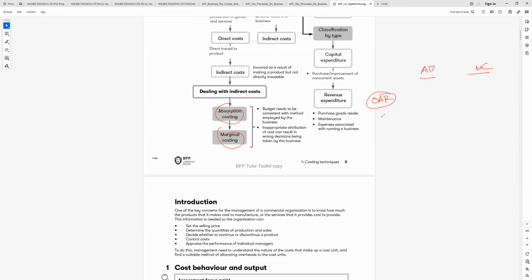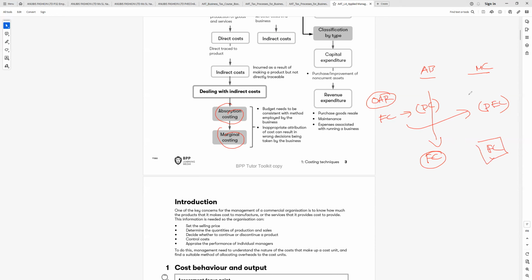Here, we take the fixed cost as a part of the product. So fixed cost will be treated as a product cost. But on the other hand, under marginal costing, we treat the fixed cost as a period cost. That means under absorption costing, the fixed cost will be inside of the product, but under marginal costing, the fixed cost will be outside of the product.